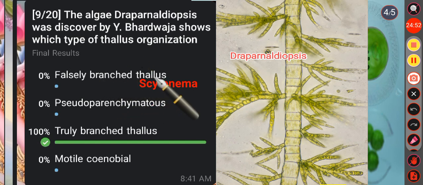Falsely branched thallus organization is present in Scytonema. Pseudoparenchymatous thallus organization is divided into two types: uniaxial, which is present in Batrachospermum, and the other form is multiaxial, which is seen in Polysiphonia. Then motile coenobial form, for example in Volvox. But here the truly branched form of thallus organization is seen in Draparnaldiopsis.